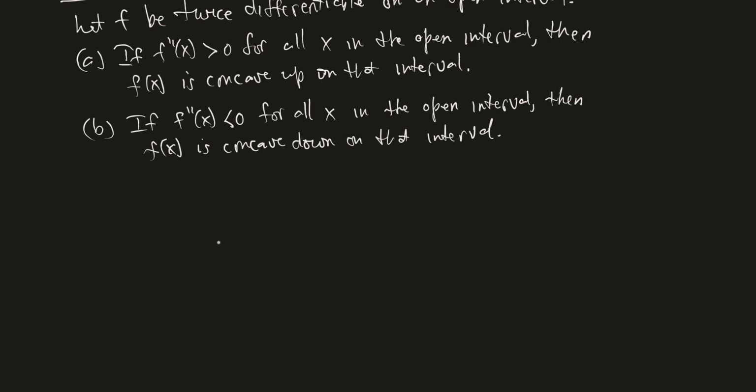Now, there's one other thing we need to think of, and that is, could we have a function where a part of it is concave up and a part of it is concave down? Yes, we can. In fact, let me show you what that curve would look like. Something like this, or let me do it this way, so down, then up, right?